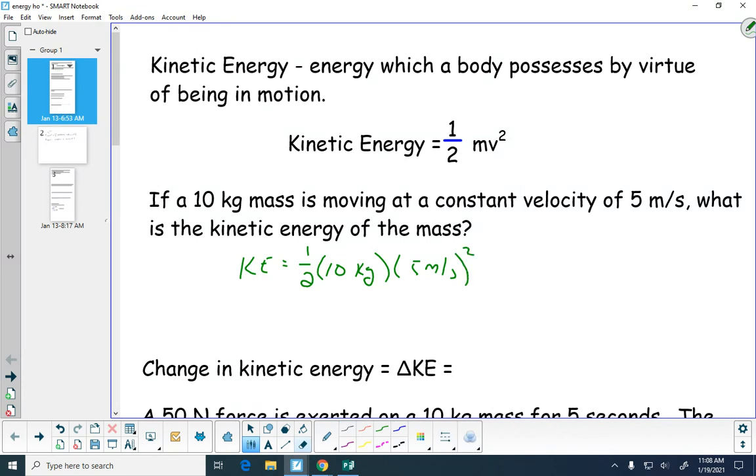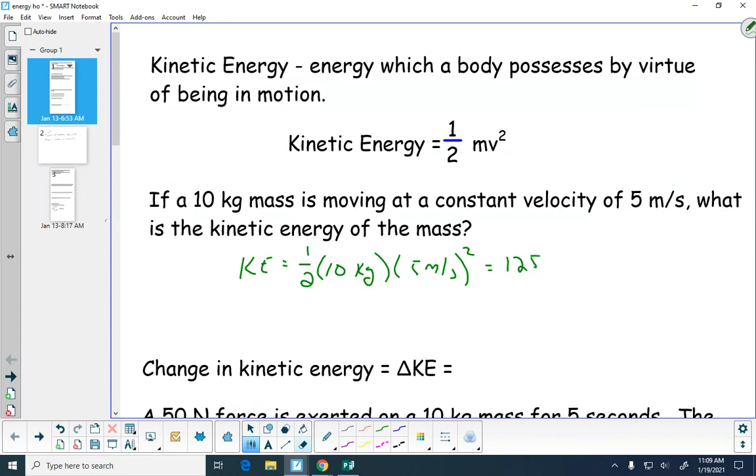So we have 1/2 times 10 times 5 squared. If we multiply these out, we should come down to what, Harley? 125.